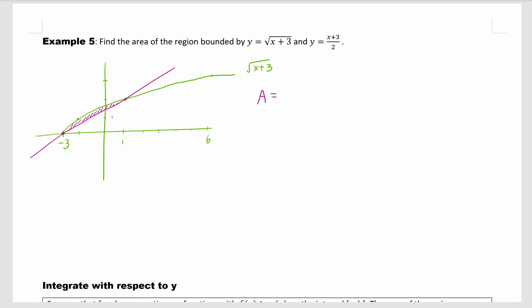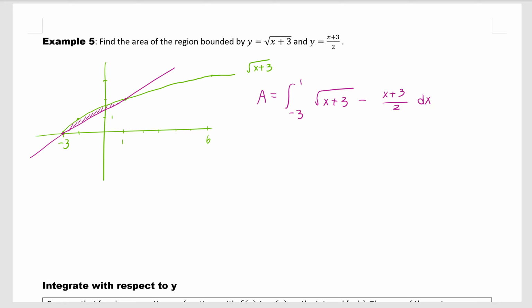So A is the integral. My x goes from minus 3 to 1. The upper function is the square root function, and the lower function is the linear function. So we can do square root of x plus 3 minus (x plus 3) over 2 dx.